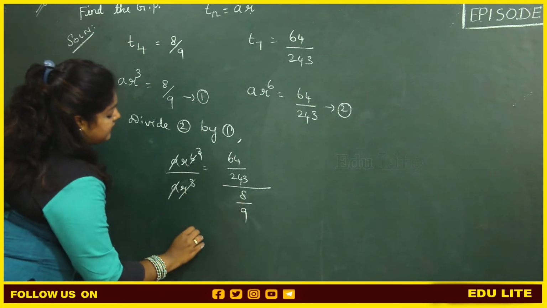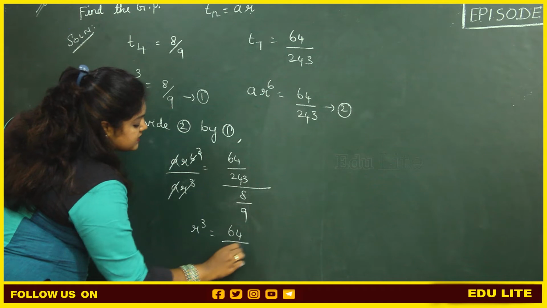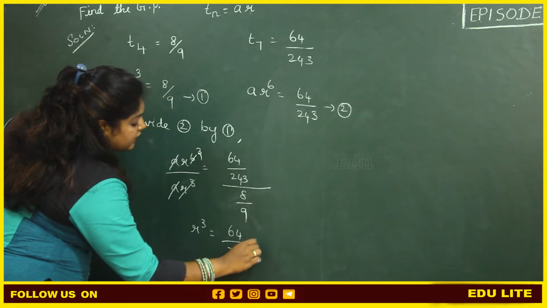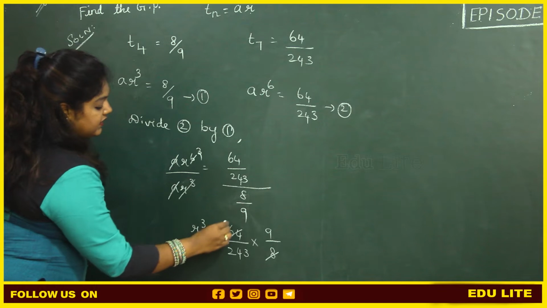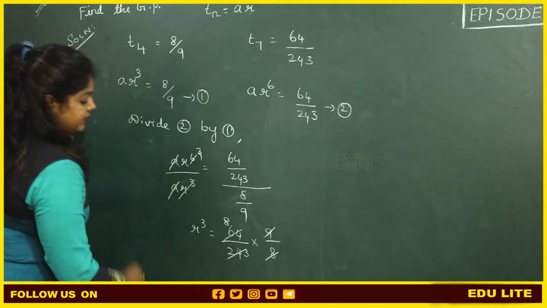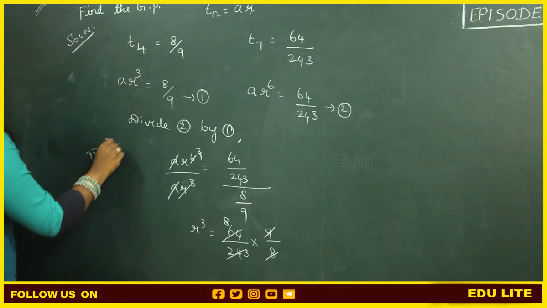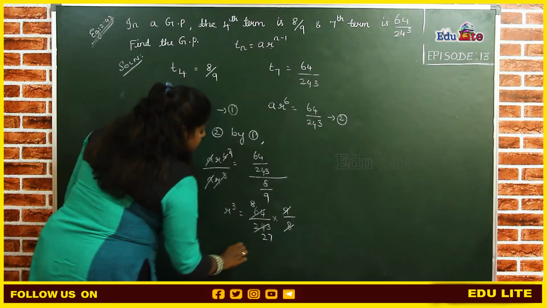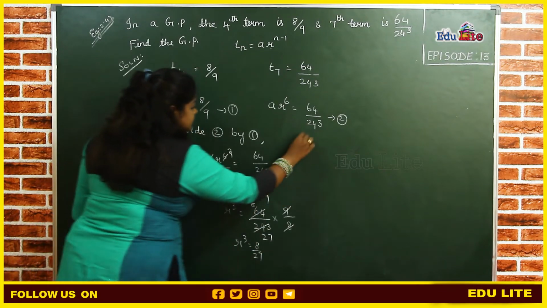On the right hand side we will take the reciprocal. So, R cube is equal to 64 by 243 into 9 by 8. If we cancel this, 8 eights are 64, and 243 divided by 9 is 27, from the 9 times table. So, R cube is equal to 8 by 27.